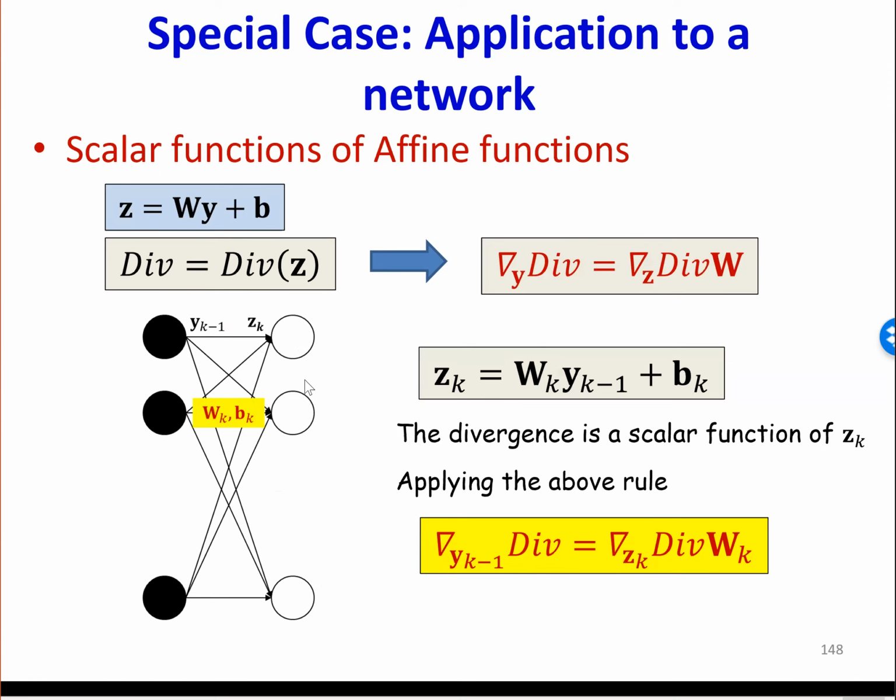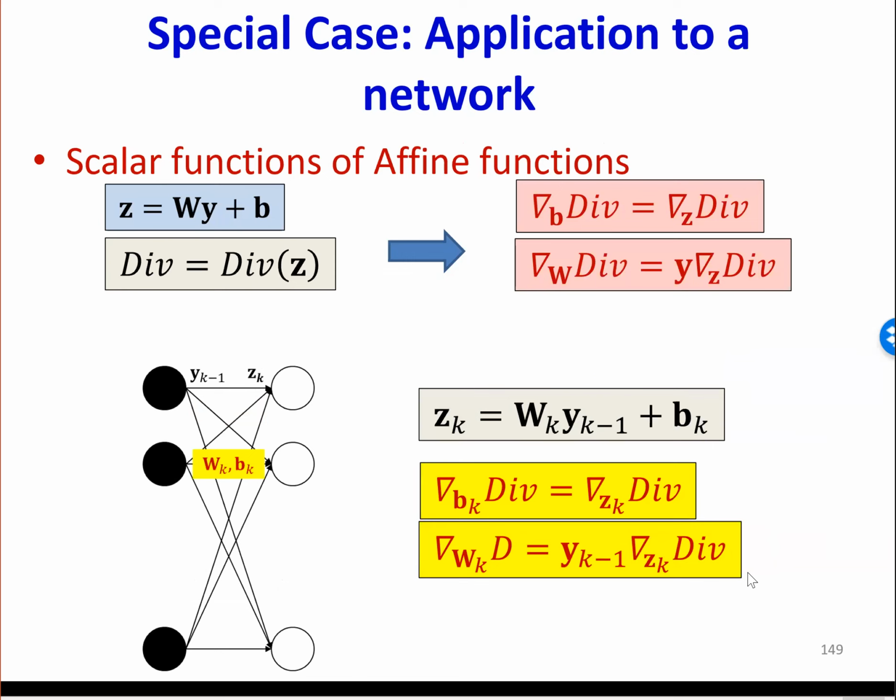And the derivative of the divergence with respect to yk-1 is going to be the derivative of the divergence with respect to zk times the derivative of zk with respect to yk-1. So the derivative of the divergence with respect to this vector is going to be the derivative of the divergence with respect to zk times wk.